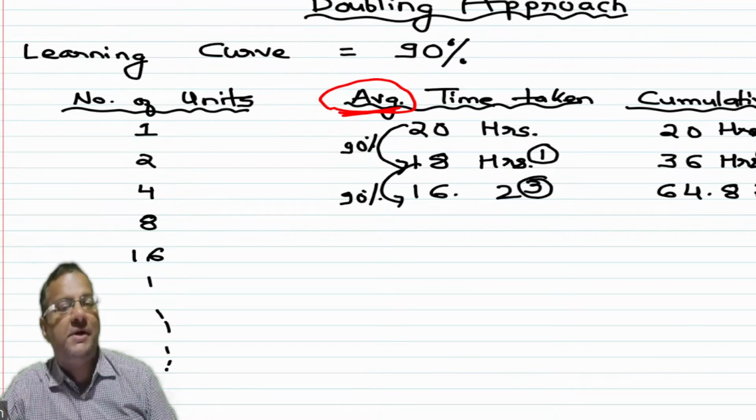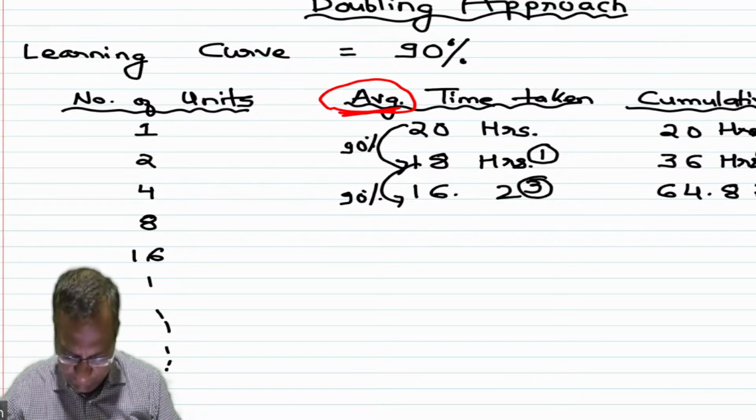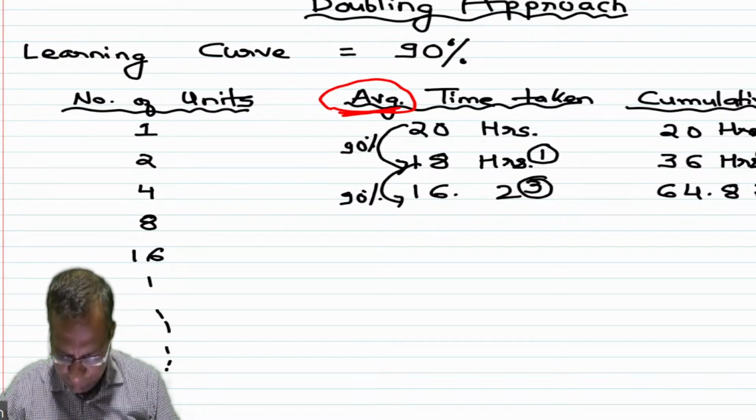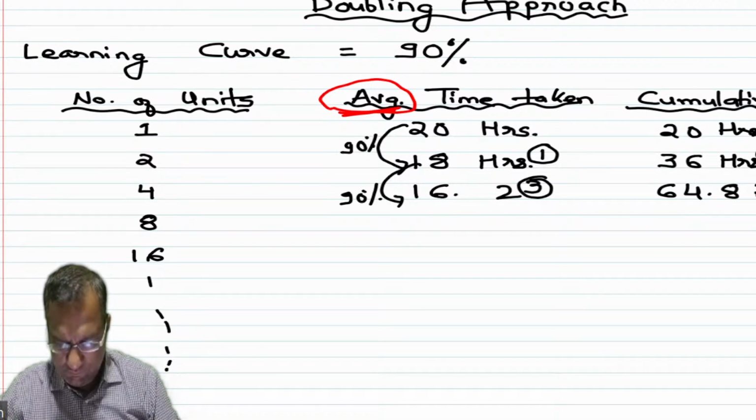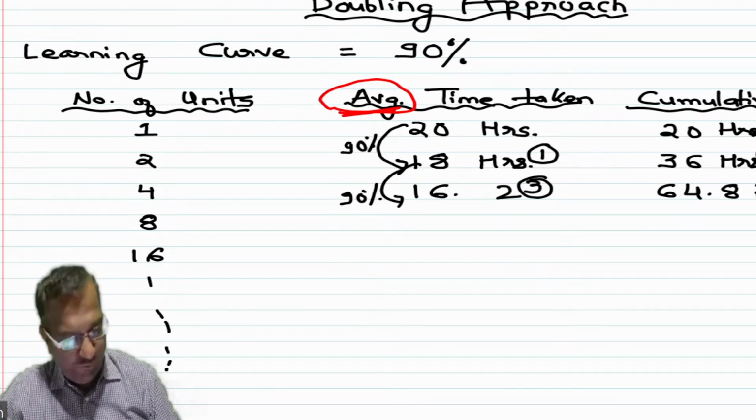In brackets write, time taken to manufacture 2 units minus the time taken by the very first unit.